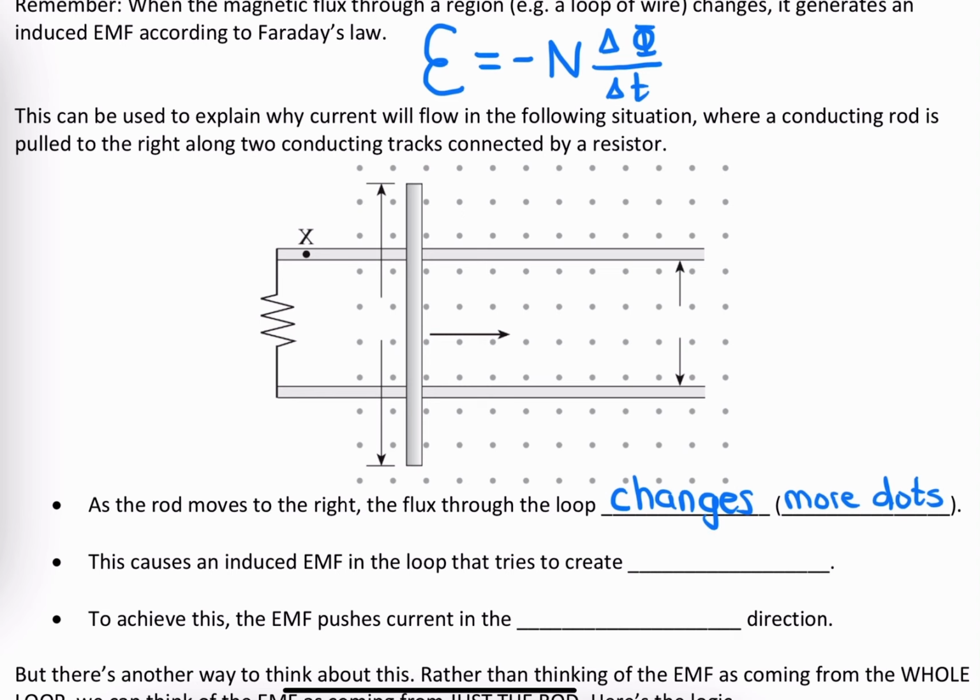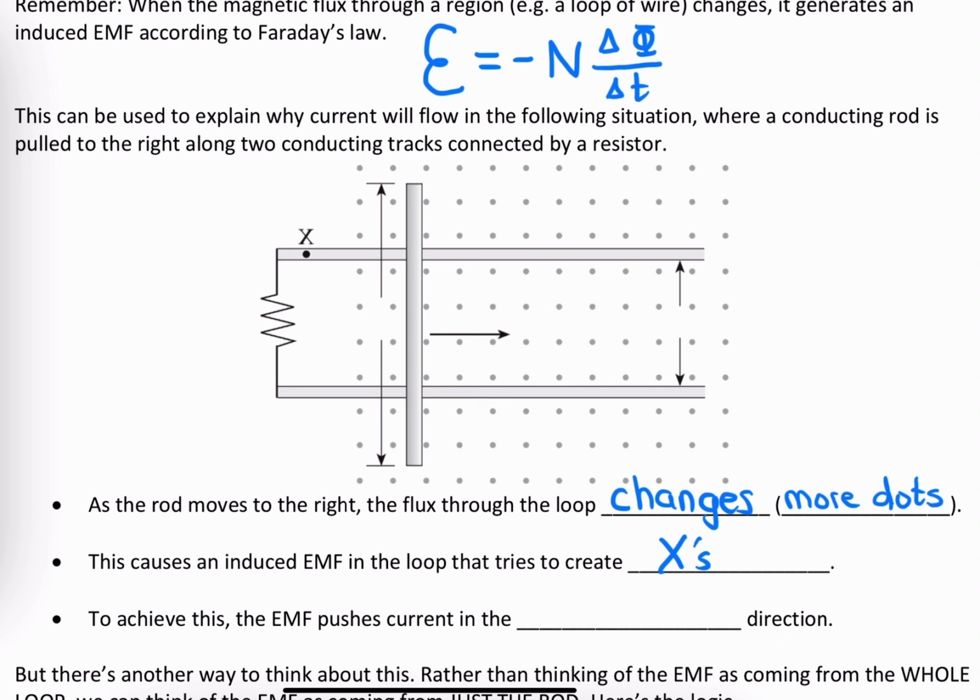I'm going to try to create X's to balance them out. Remember, nature has no problem with there being dots there. If there were just a bunch of dots there and they were staying there, the same number of dots, that would be fine. Nature wouldn't have to respond. But it's the increase in dots that nature's going to fight by using X's, according to Lenz's law.